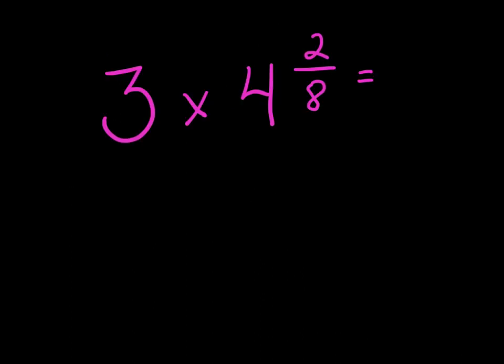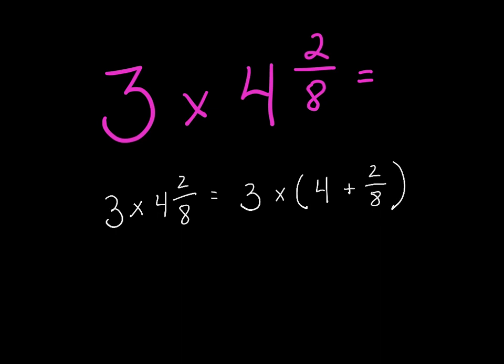Next one, 3 times 4 and 2/8. All right, let's start changing this up here. We're going to do 3 times 4 and 2/8. Now get the distributive. 3 times 4, break it up. And now we're ready to distribute that 3 to the 4 and the 2/8.